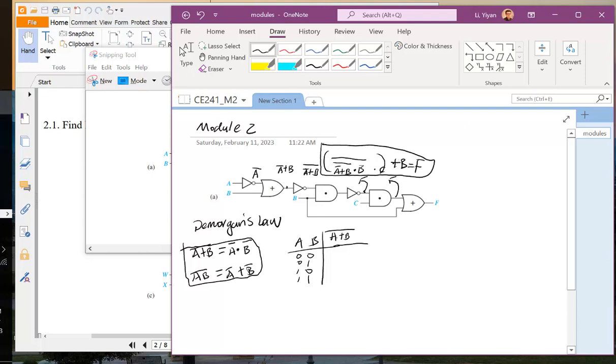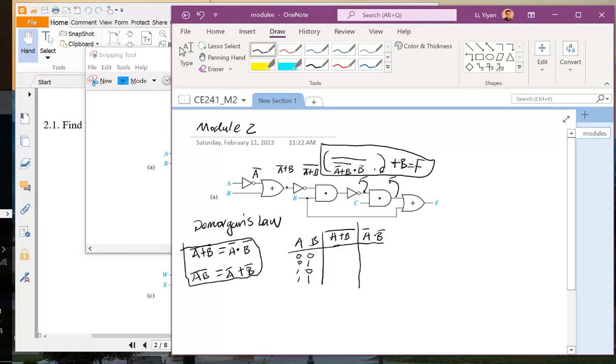For example, I'm writing down A or B naught, because I'm trying to verify that this equals A naught and B naught, right? Because I want to split the bar and change the sign. And now I just verify it. If you verify it works, then just keep using it. Don't think about this anymore. It takes time to verify it all the time, okay?